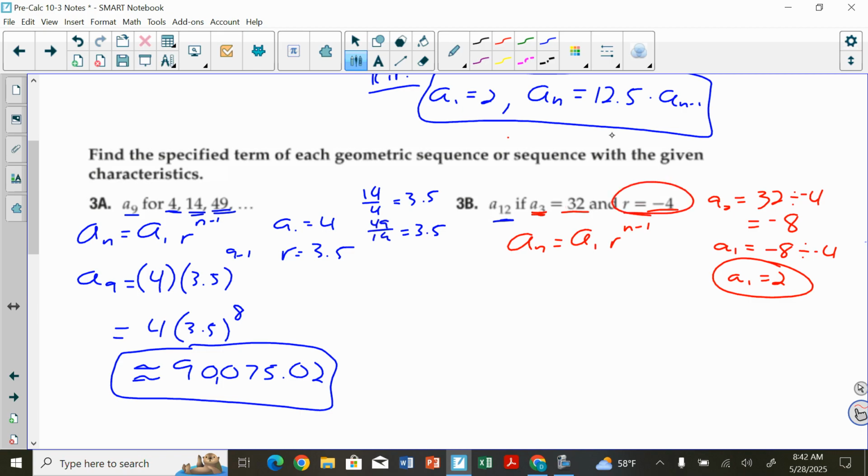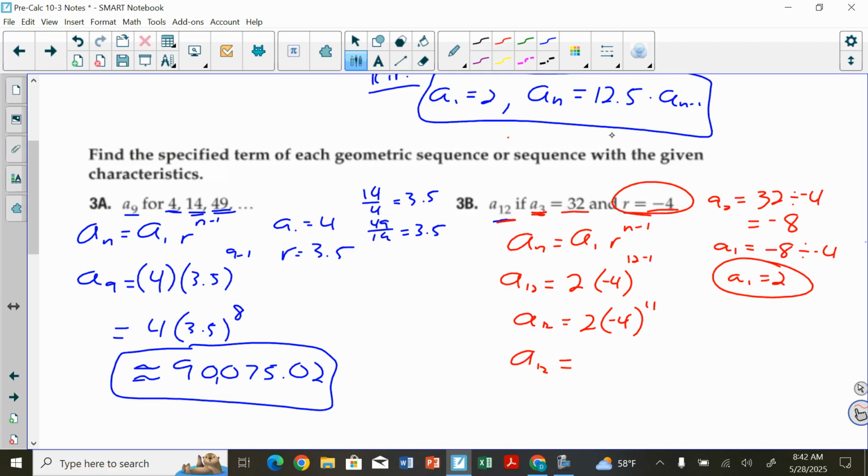I've got my r value here, so now I have enough information to plug in. Trying to find a12, right? So a12 equals a sub 1, which is 2, times r, which is -4, to the 12 minus 1 power, or the 11th power, right? So now, just make sure you do order of operations correctly.